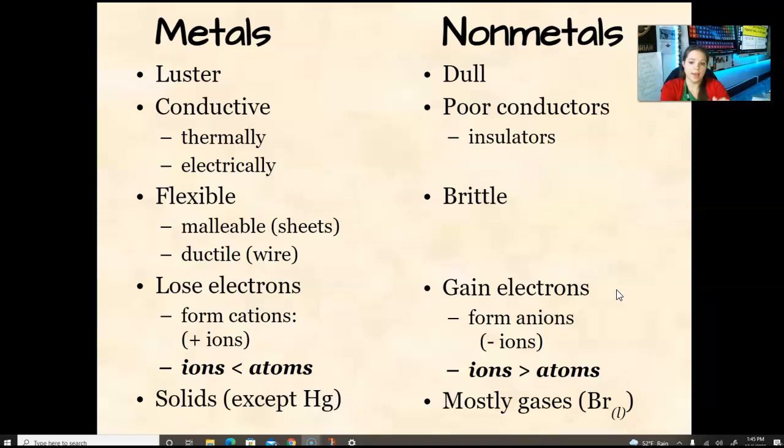A-N-I-O-N, anion: A Negative ION. That's one way to remember them. The regular atom is like this, but when you gain, you get bigger. So these ones get bigger. And these ones are mostly gases. The one that's special is bromine. So bromine and mercury are the only 2 on the periodic table that will be liquids.